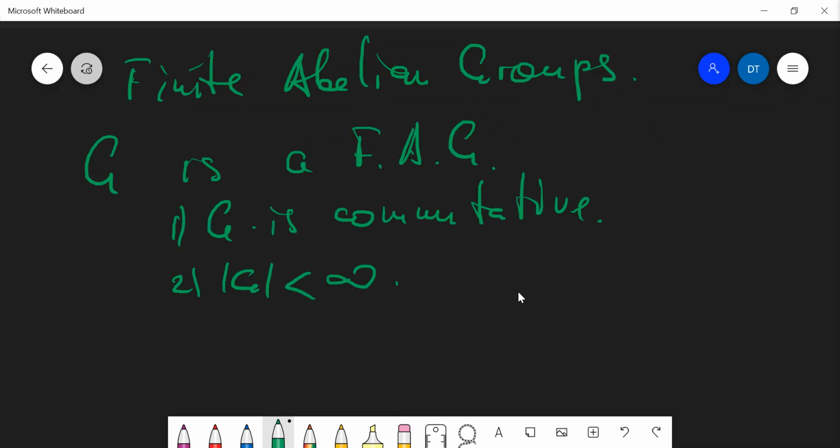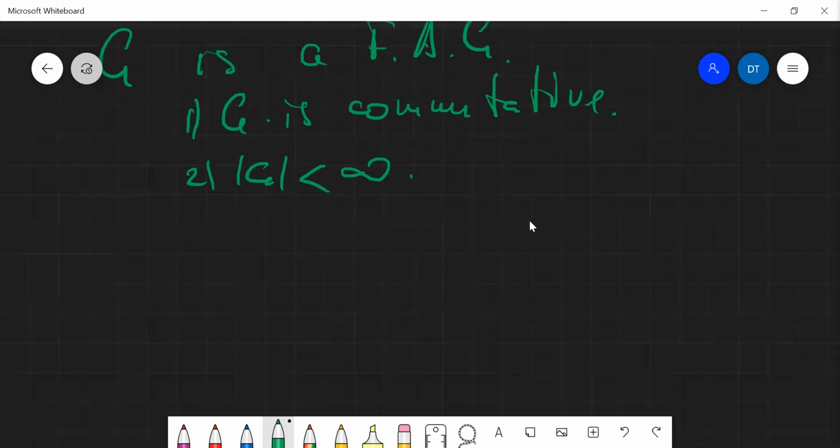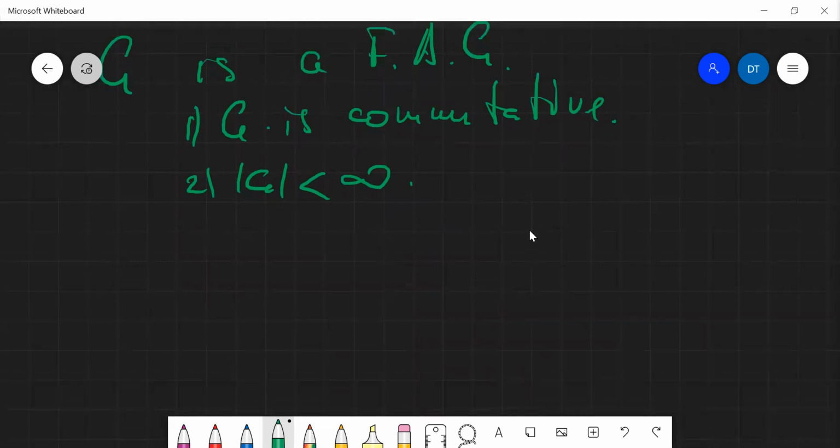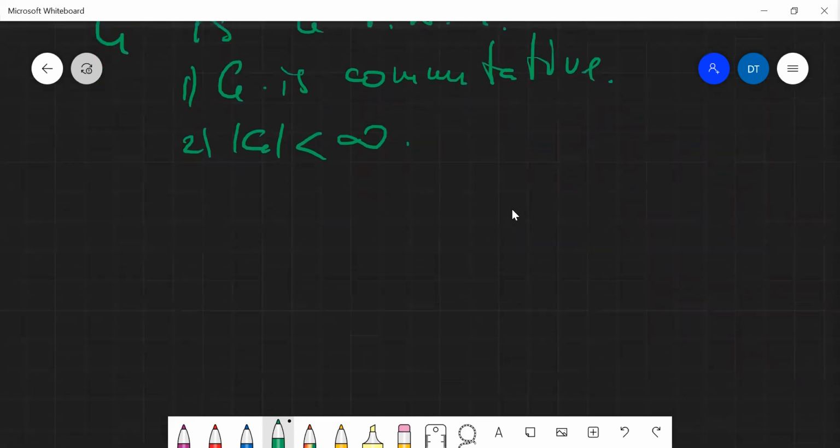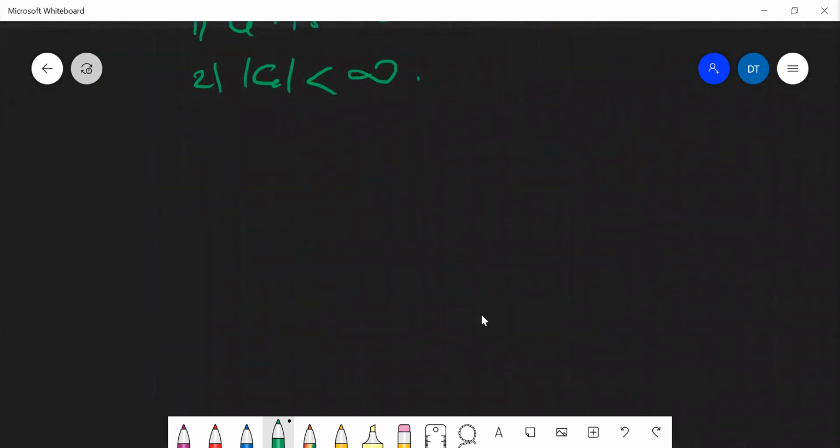Well, it happens that we know the structure of all possible finite abelian groups. Here is the claim without proof. It's not easy to prove, so I don't want to waste our time doing that.